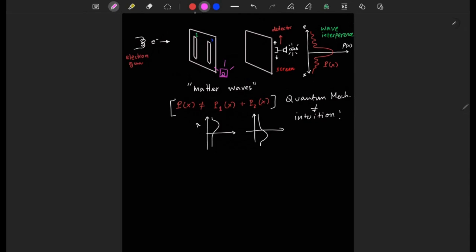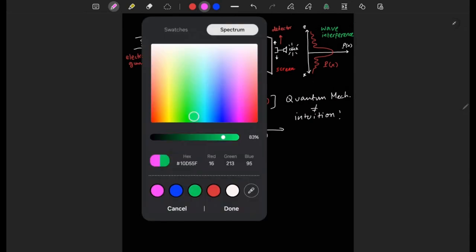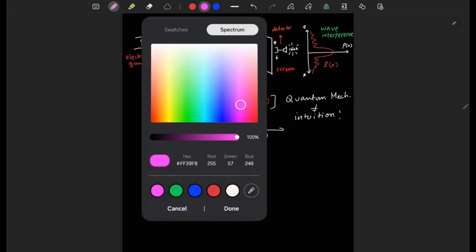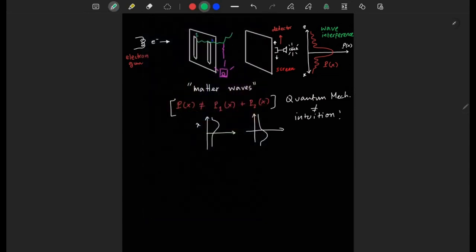So let's say an electron comes out of slit 1, and the light beam that happens to interact with it collides with the electron, and the electron gets scattered to some point on the screen.